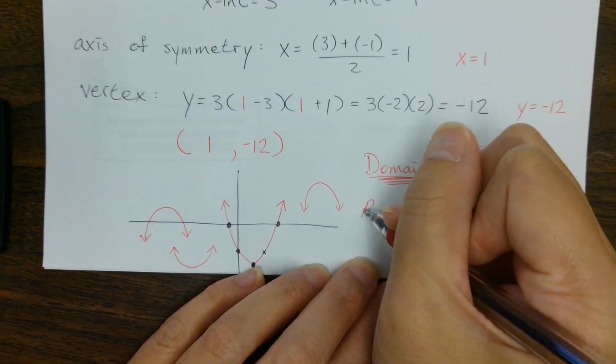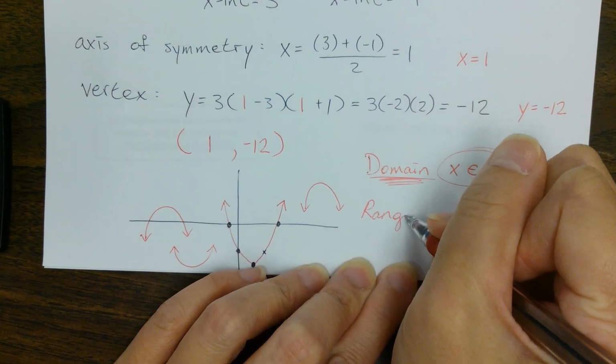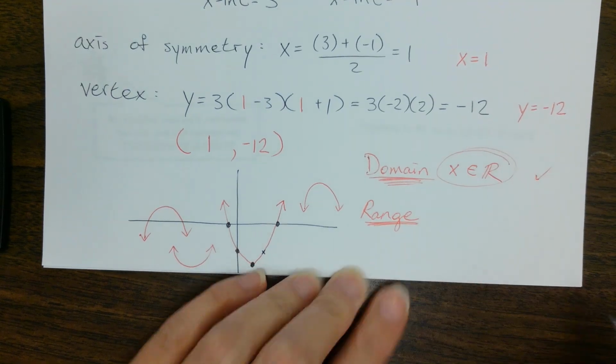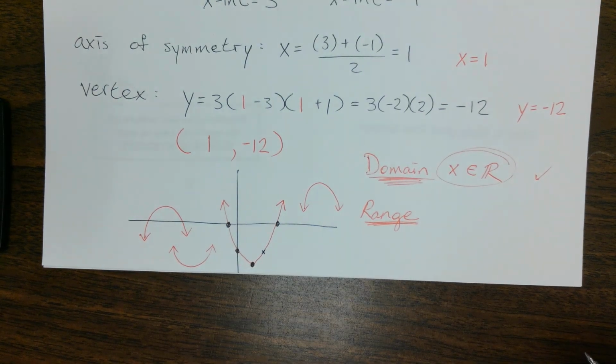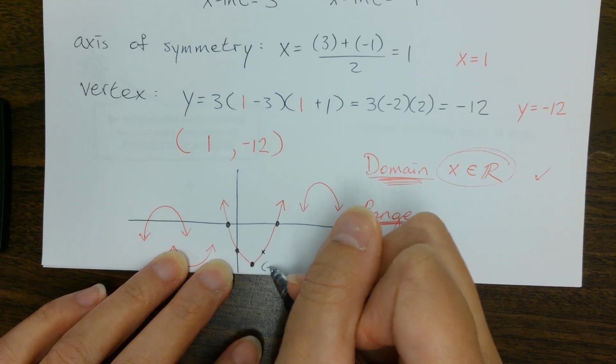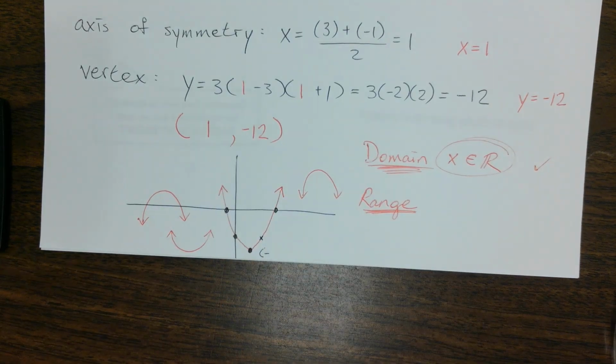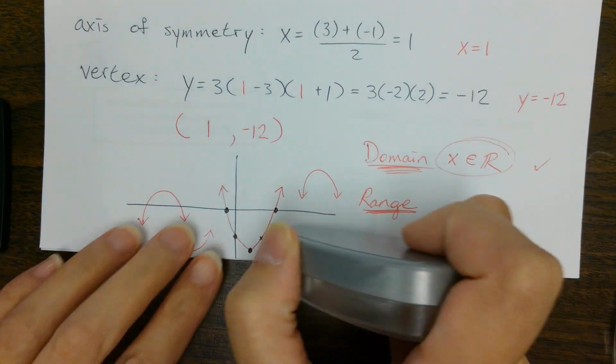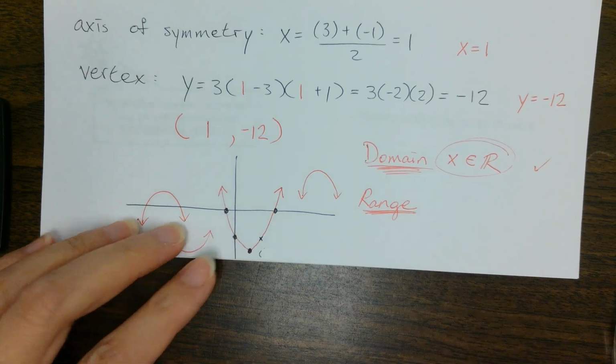Okay. So if domain means the x value, what does range represent then? The y value. So remember that chart that we did a few days ago, and I always ask you guys, what is your maximum, what is your minimum value?